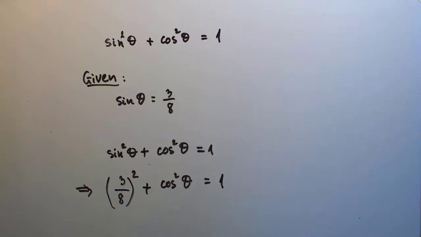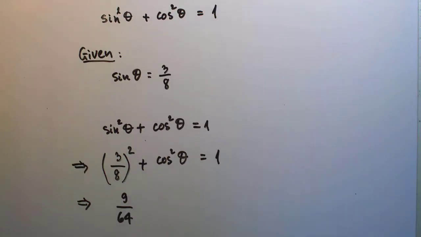And by the way, (3/8) square is going to give me 9/64 as a fraction, plus cosine square theta equals 1.